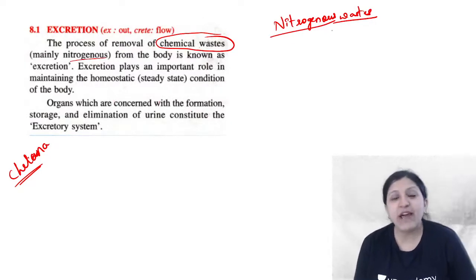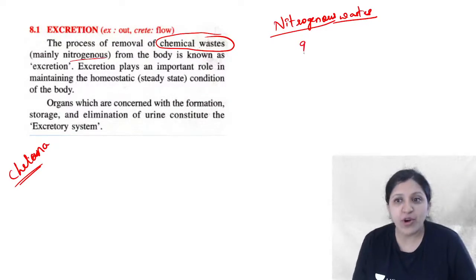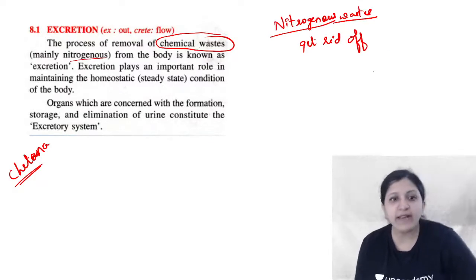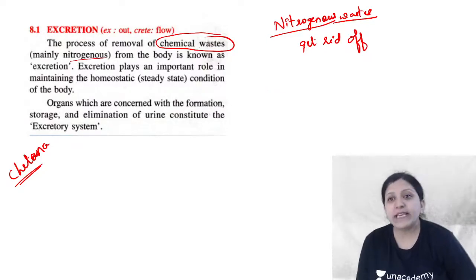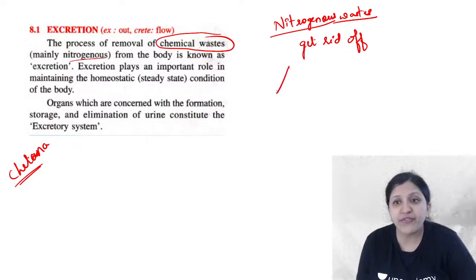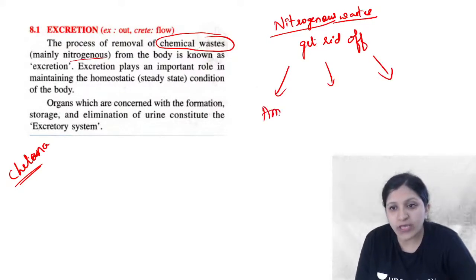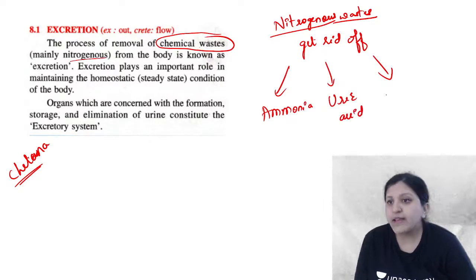All right, so nitrogenous waste, what are they? There are different types of nitrogenous waste which we need to get rid of, because we don't want them to stay in our body. In this case, there are different nitrogenous wastes. One is ammonia, then there is uric acid, and then there is urea.